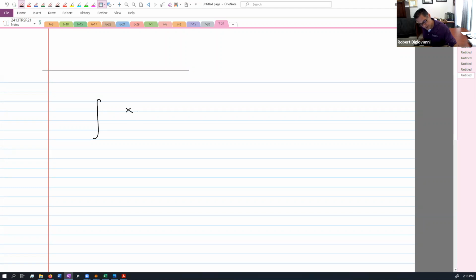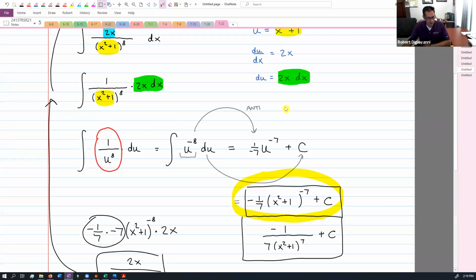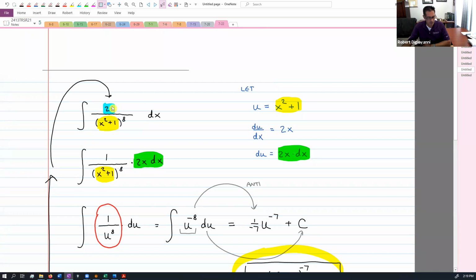Let's do it this way: x over (x squared plus 1) to the 8th dx. That's the same exact problem, but I didn't put a 2x up top, right? Wait, was it 7? I forgot already. Yeah, it was this, but I took the 2 out of there.